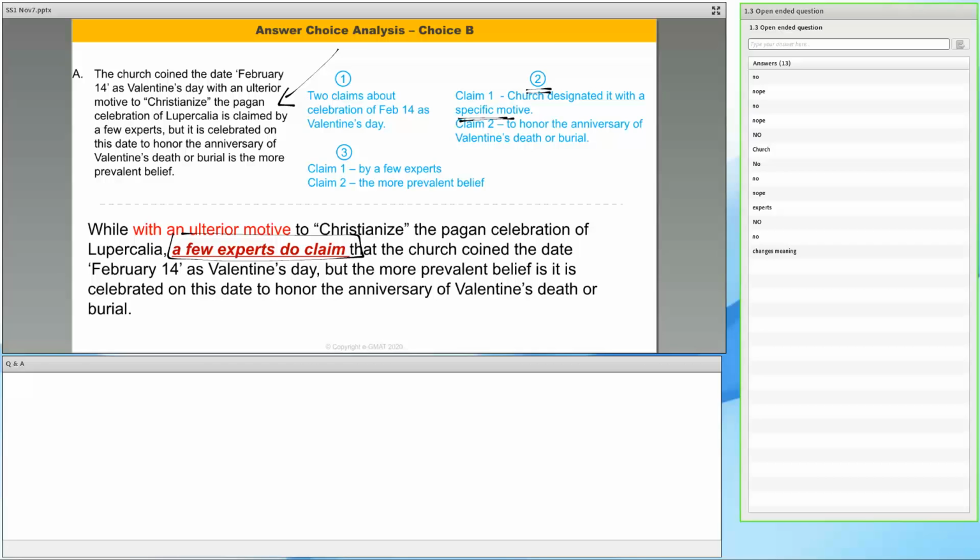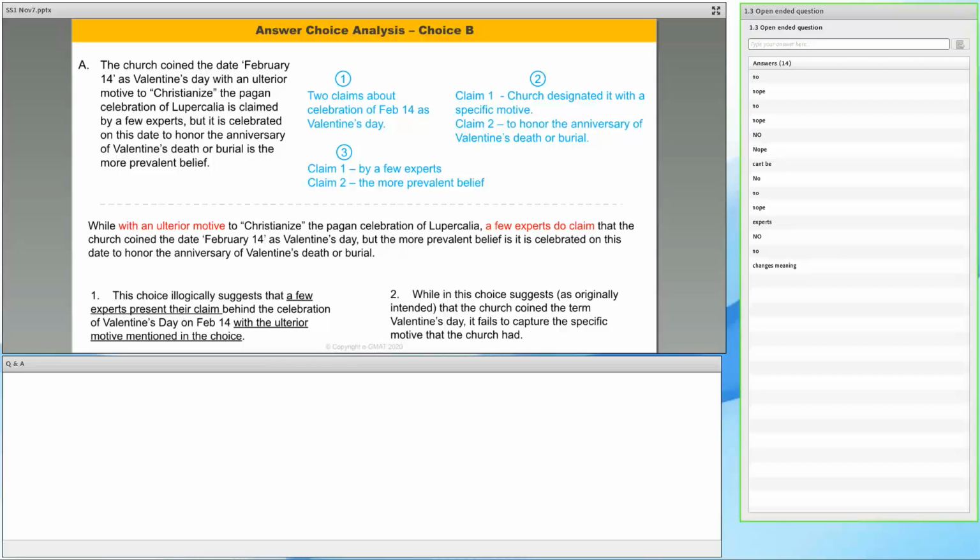Claim to specific motive, this is where this went wrong. It changes meaning. This is not what the author intended to communicate. So this choice is wrong. Why? Because it illogically suggests that a few experts present their claim behind the celebration and those experts had an ulterior motive. Which also means it fails to capture the motive that the church had over here.